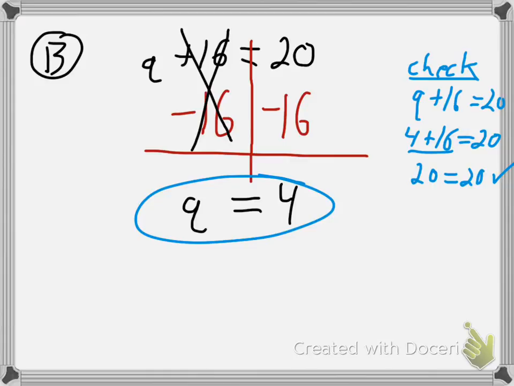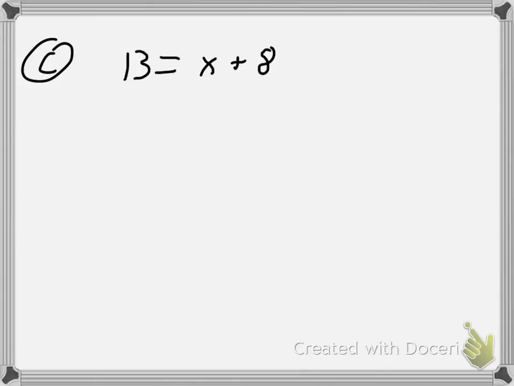Let's do a couple more examples here. Okay, I have 13 equals x plus 8. Again, the first thing I want to do is find my equal sign and split my problem in half here. My whole goal is to get the variable x by itself. So I can see with my x I have a plus 8. I need to do the opposite of that, which is subtract. So I'm going to subtract from each side. Well, what am I going to subtract by?